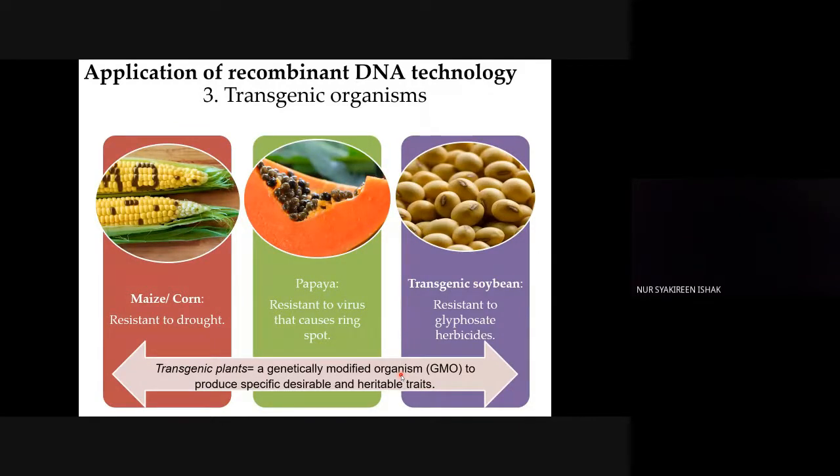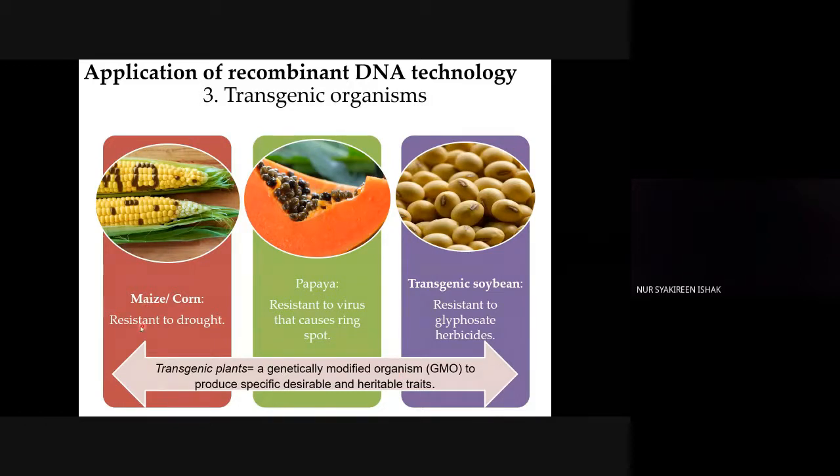want to produce a better phenotype for that crop kan, so you could produce transgenic organism. Maksudnya kalau jumpa gene untuk menyebabkan papaya tu lebih resistant to virus infection kan, so you get the gene inserted into the cell of the plant to produce papaya that could resist virus infection.